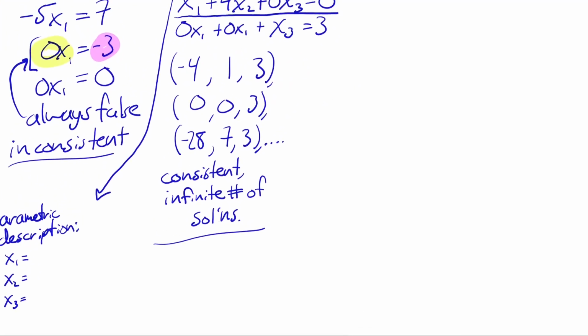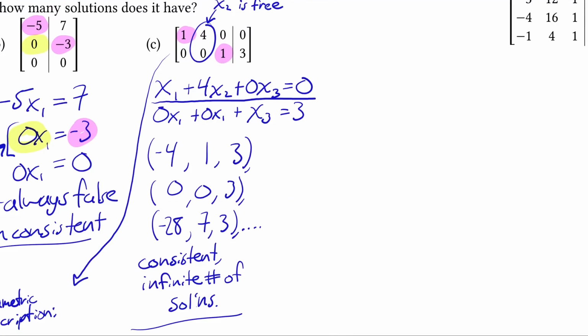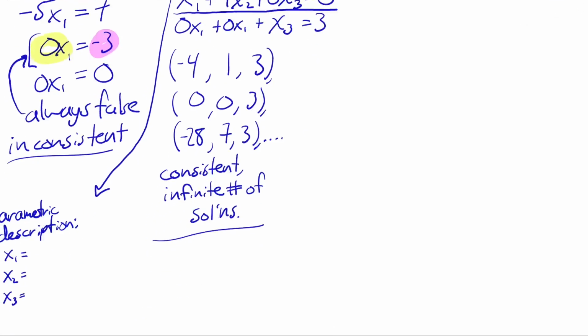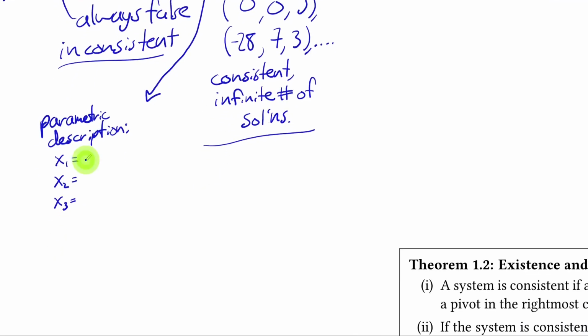Well, what can we say about x1? If we just move the 4x2 over to the other side, that first equation says x1 equals negative 4x2. And x2, that's just x2. x3 we know is 3.